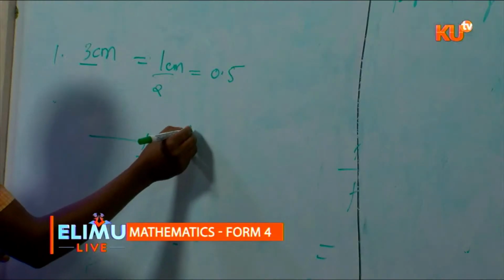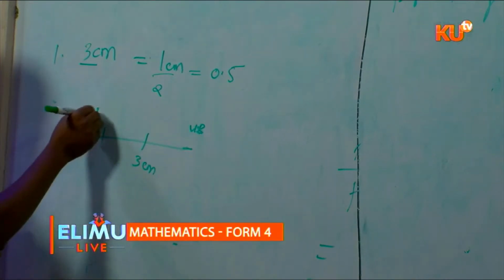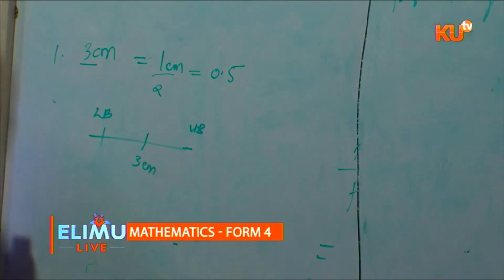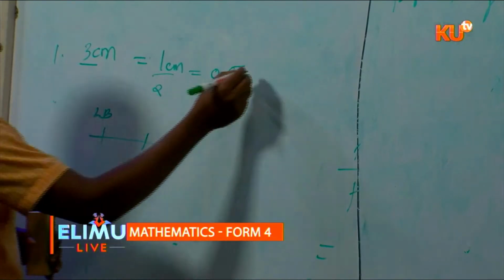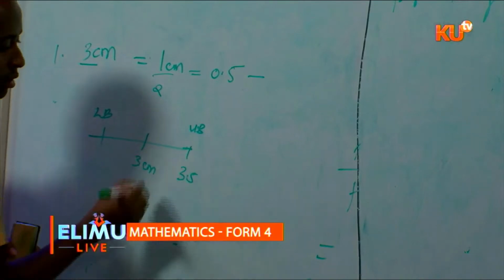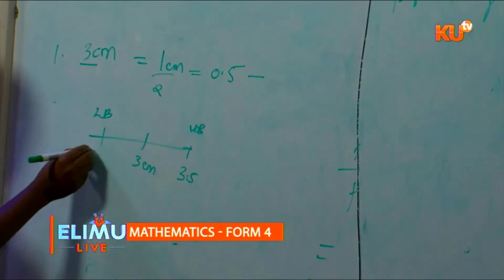So when you come here, if this is the actual 3 centimeters, the upper bound and the lower bound for this one: you just take 0.5 and add. So if this is 3, this will be 3.5. And this will be minus 0.5, it will be 2.5.